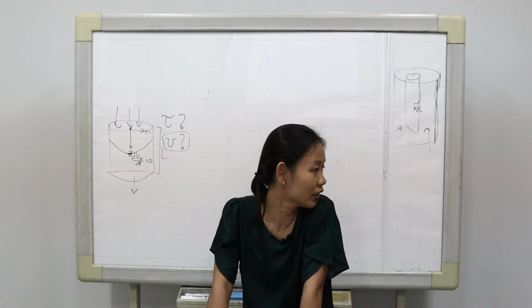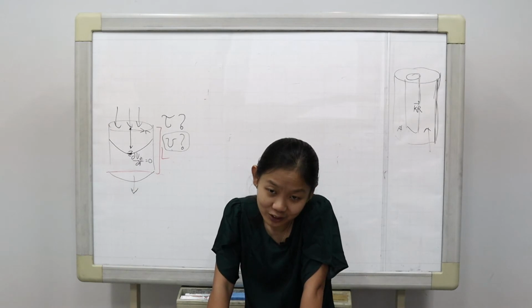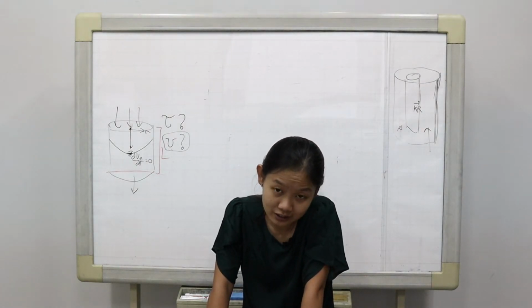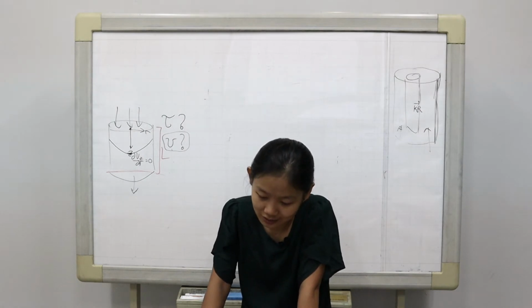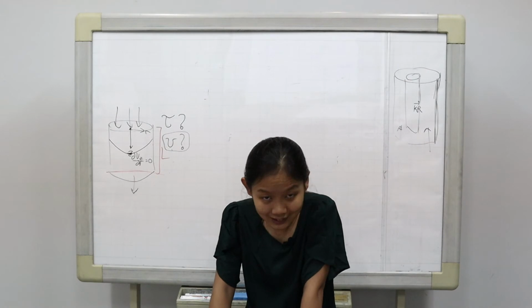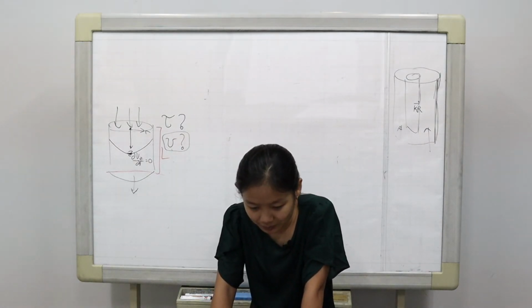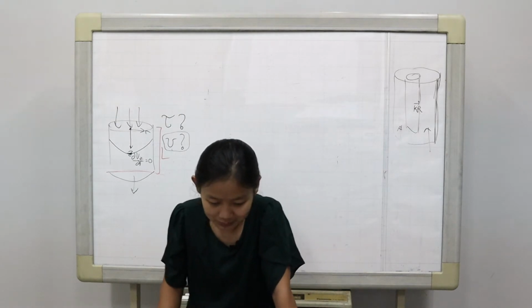Because we have laminar flow, all the flow is only in the z direction. We don't have flow in the theta or radius directions. Because we only have Vz, we're going to use equation B66.